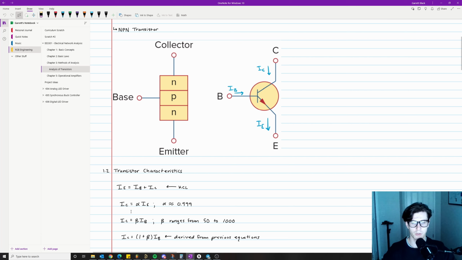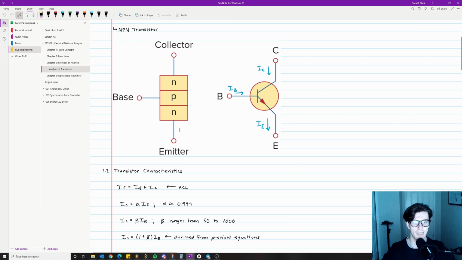The next characteristic equation is that IC is equal to beta times IB, IC = β × IB, and beta ranges anywhere from 50 to 1000. I want to linger on this one for a bit because it's an important one, and hopefully it gives you an aha moment. The collector current, the current flowing into the collector, is directly related to the current flowing into the base pin.